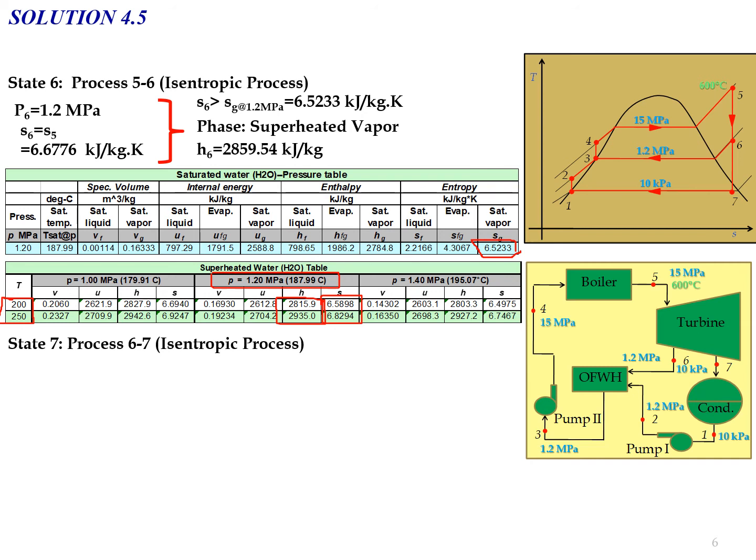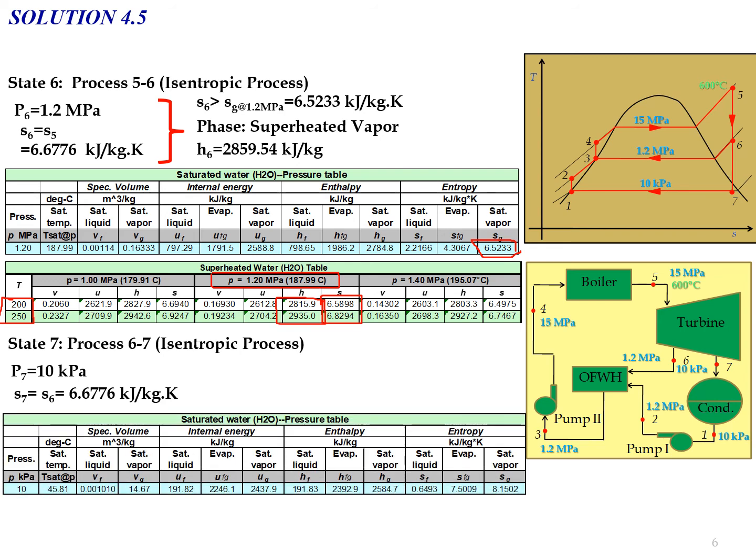Now we are moving forward to state 7, which is the isentropic process of state 6 to 7. We know that the pressure at state 7 is 10 kPa, and the entropy at 7 and 6 is equal to 6.6776 kilojoule per kg dot Kelvin. It is in the saturated mixture condition.